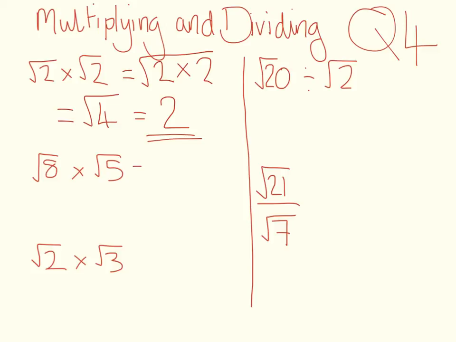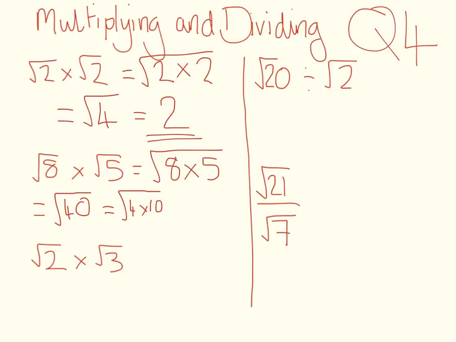Okay, next one. Again, if you're multiplying, all you do is put it under the same root. Okay, so I've got square root 8 times 5. 8 times 5, hopefully you know, is 40. But again, this time I can simplify that because I know that a square number goes into 40. The highest square number that goes into 40 is 4.